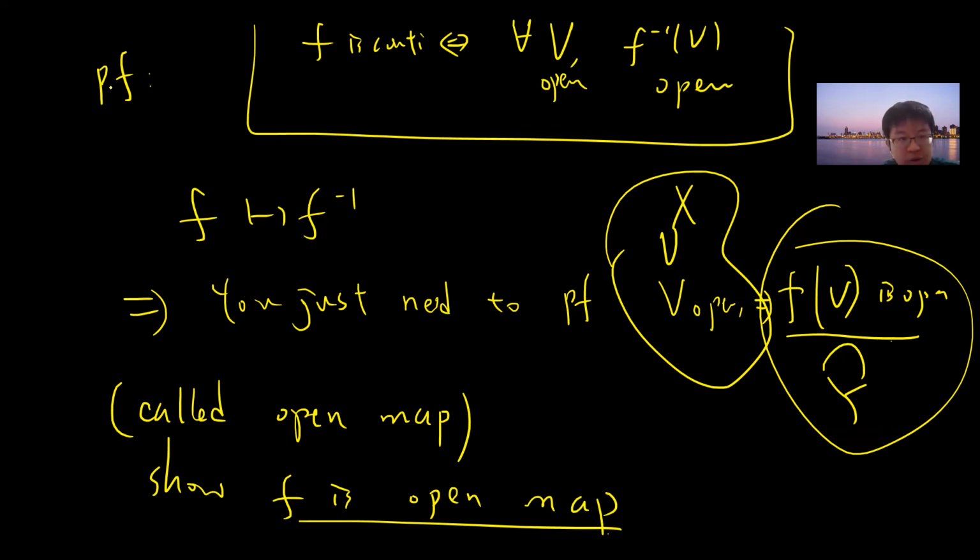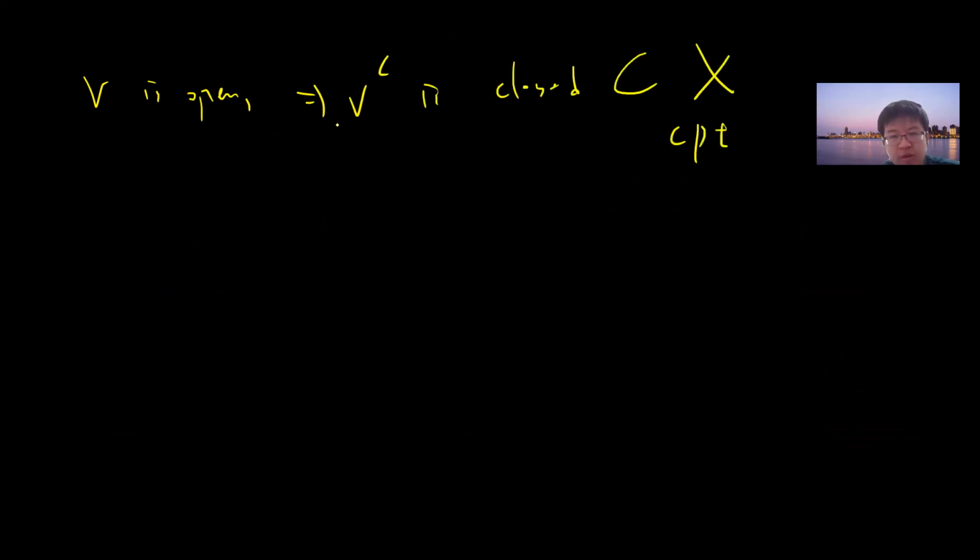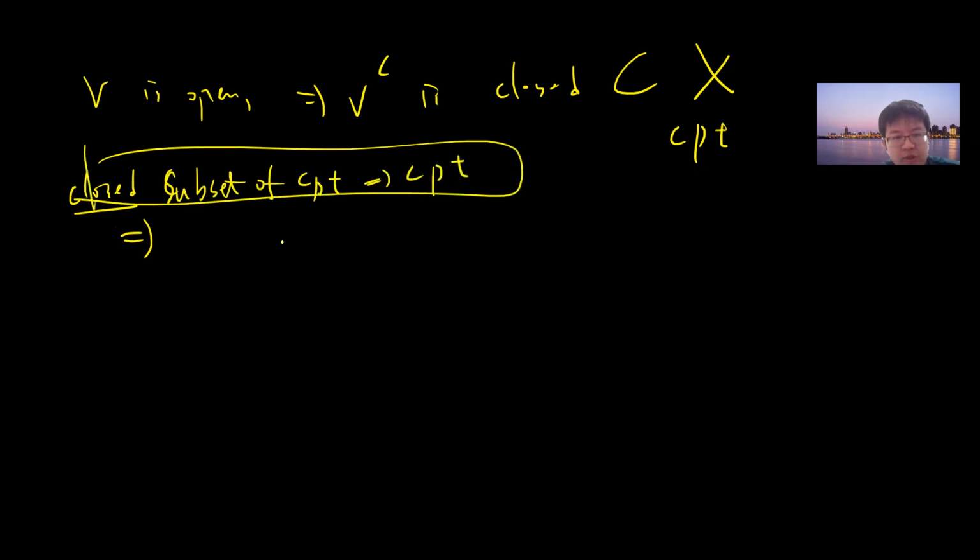Okay, the reason is that if V is open, by definition, the complement V^c is closed, right? But V^c is a subset of a compact set. There is a theorem that says a closed subset of a compact set is compact, which we proved in my previous long video. So this shows that V^c is compact.